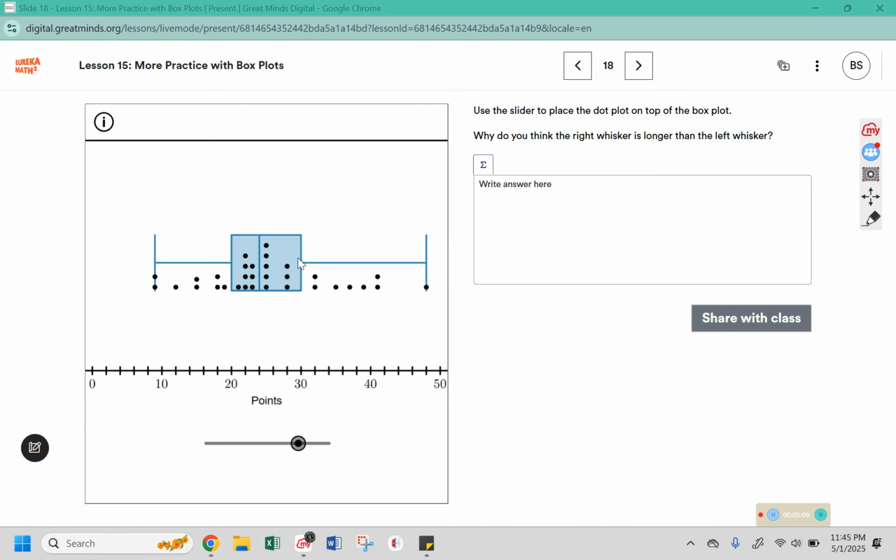Move the data values in the dot plot. Watch how the histogram and box plot change. So if I move these points, you can see that Q3 can change. Q2 might change. If I move this smallest point down, the minimum would change. If I move this up, the maximum would change.